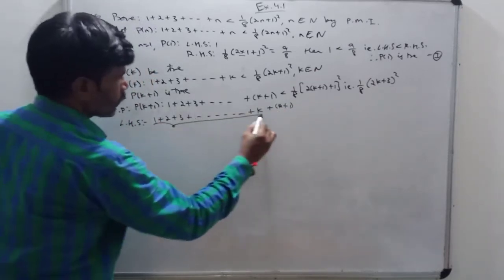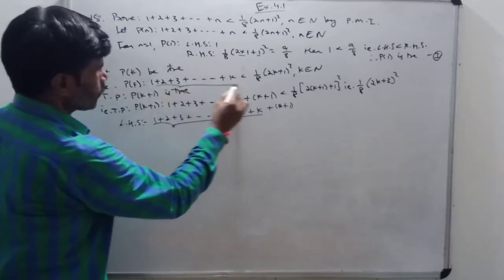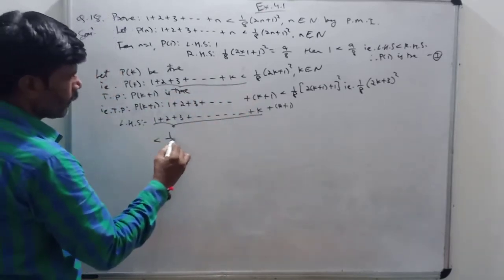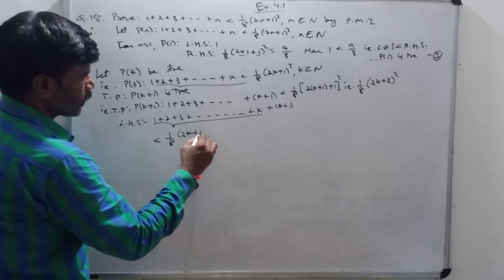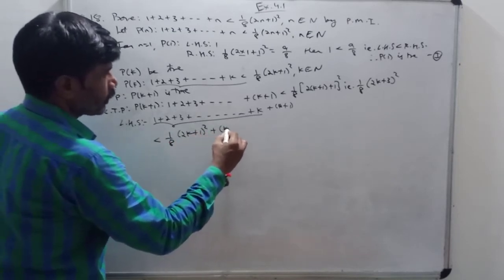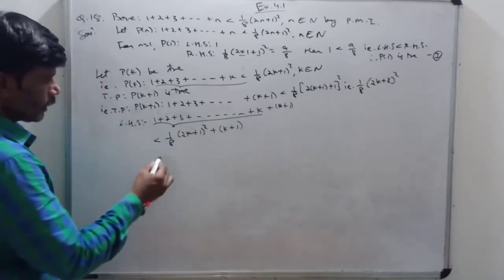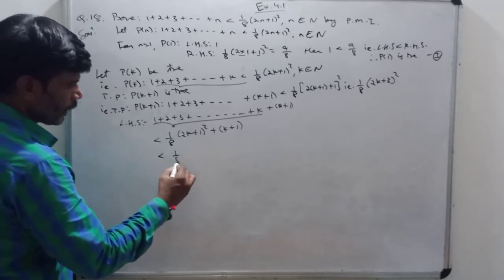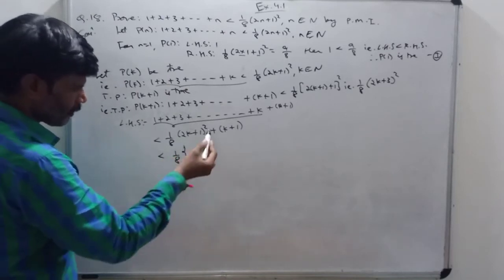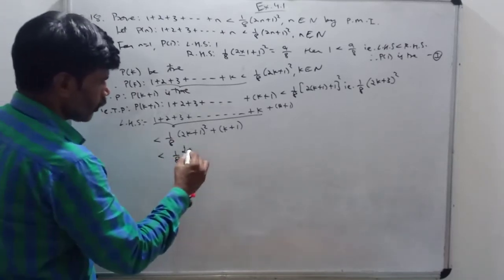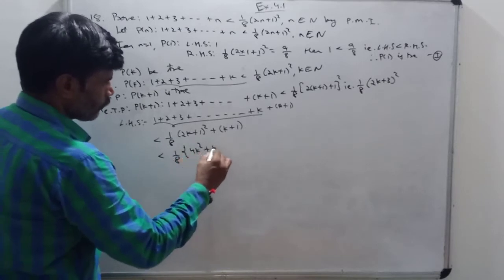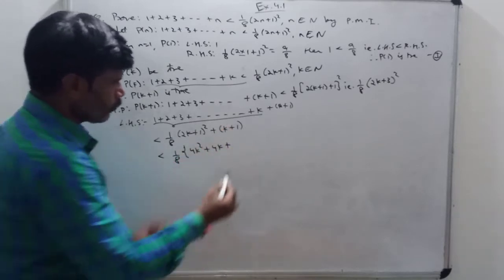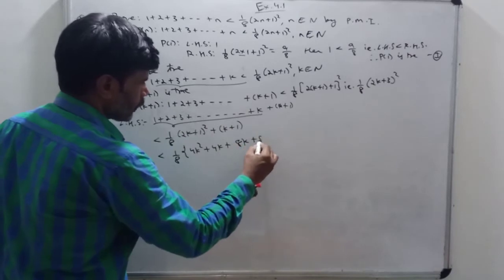So up to here, this much value is less than 1/8 (2k + 1)², plus this is k + 1. Now taking LCM, 8 as the LCM, this will be less than 1/8 (4k² + 4k + 8k + 8).